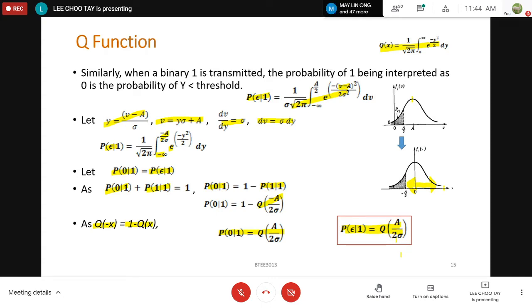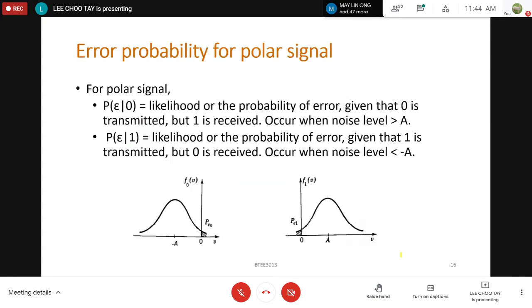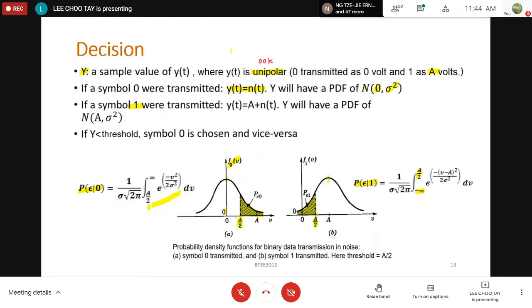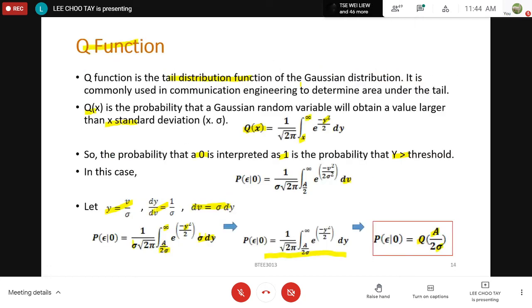Okay, so that is for OOK signal, when we send the baseband signal using the on-off keying method, where we send a 0 as 0 volt and we send a 1 as A volt. So that's the probability of error for OOK.